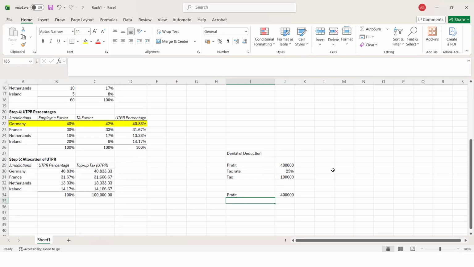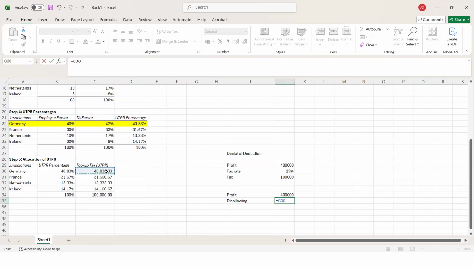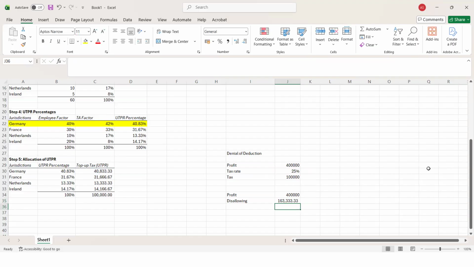So what I am doing is disallowing the deduction that was used to calculate this 400,000 to the extent of the taxes. So the tax I want to collect, divided by the tax rate, is what I will be disallowing. So this much I would be disallowing.